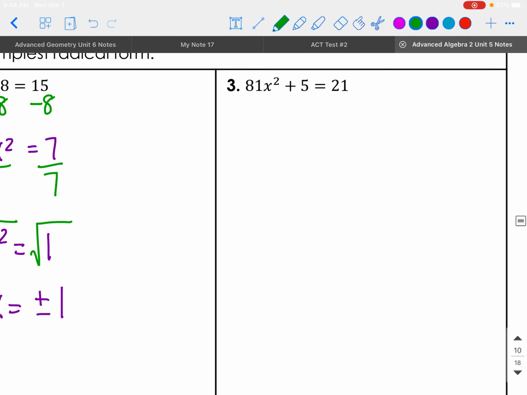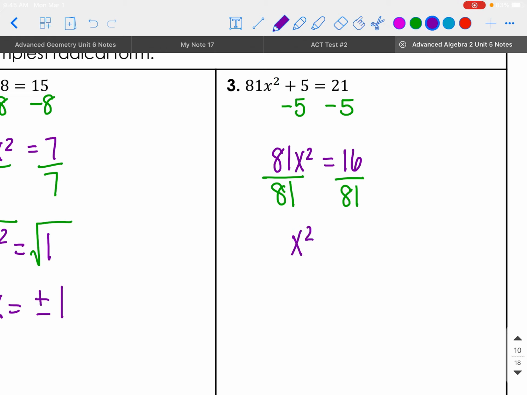Number 3, let's subtract 5 from both sides. 81x squared equals 16. And then we divide by 81. X squared equals, if it's not going to divide evenly, just leave it as a fraction.